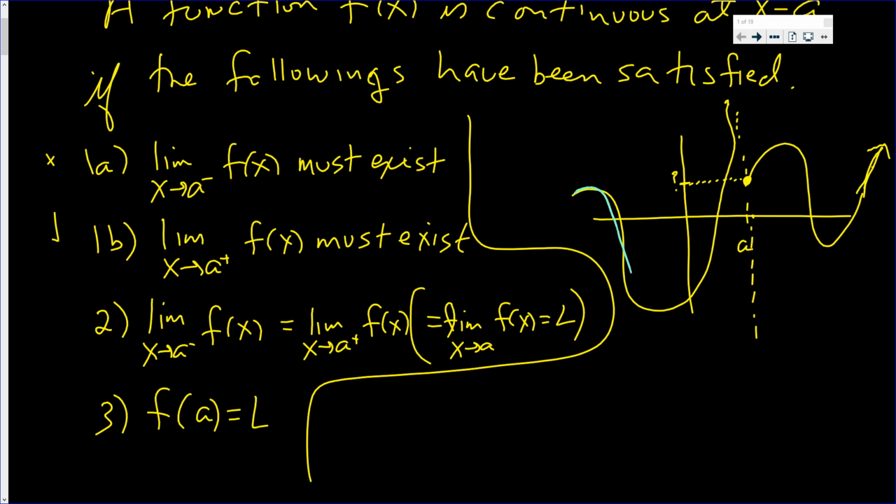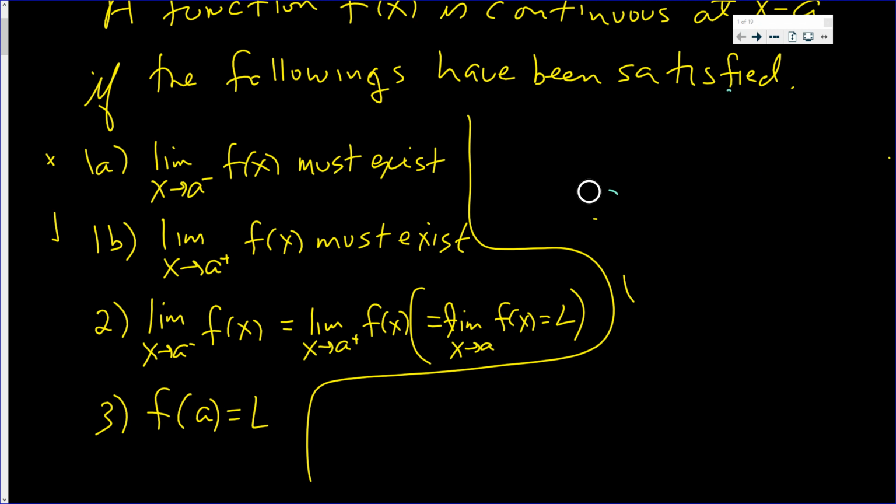If I go to graph it, right around here I have to lift my pen to come here to continue. That graph is not continuous, and that type of graph failed 1a.